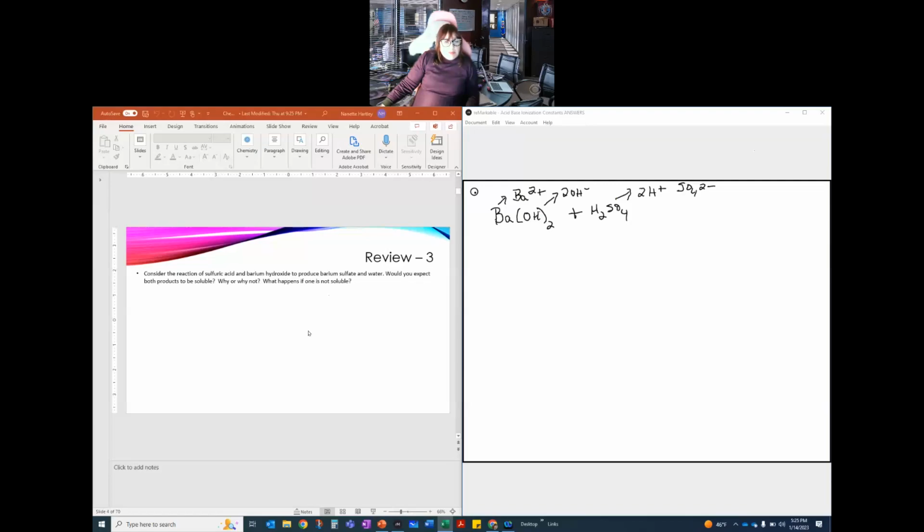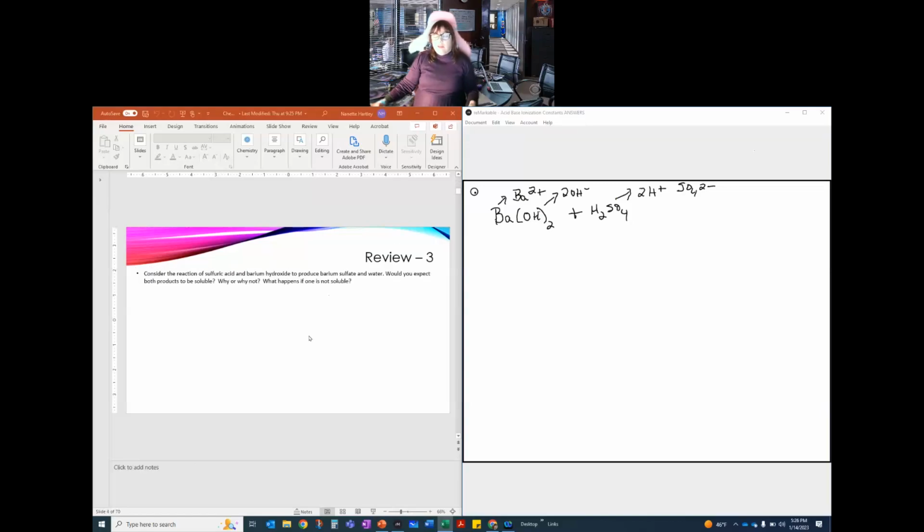If I consider this, would I expect both products to be soluble? Why or why not? Okay, so I'm going to go back and look at this first question. Note that barium sulfate is an insoluble exception to the rule.